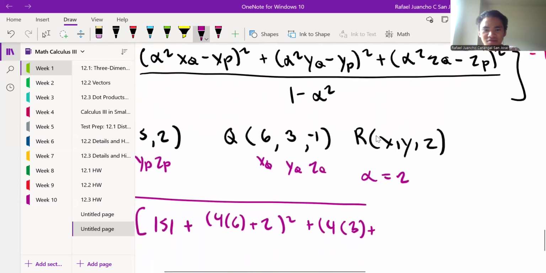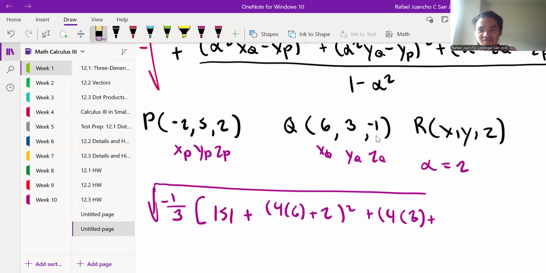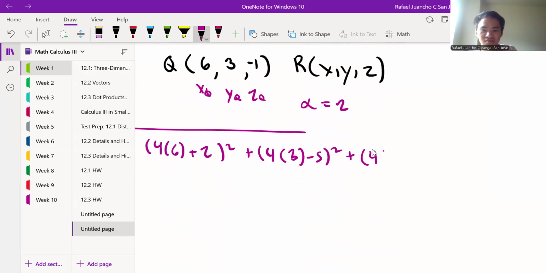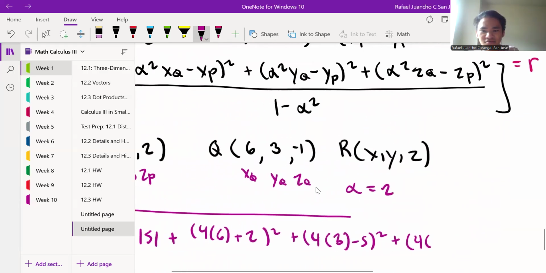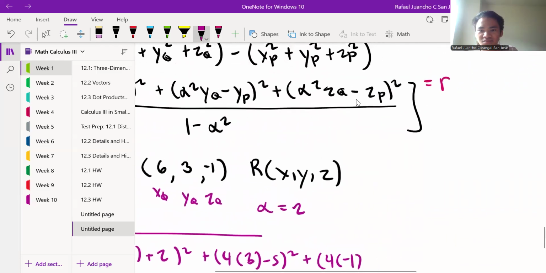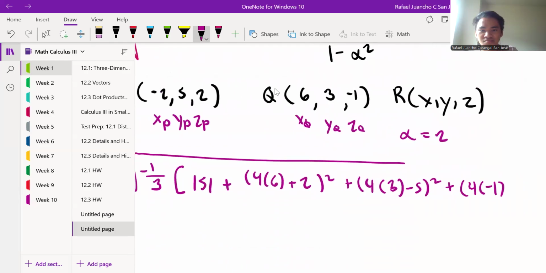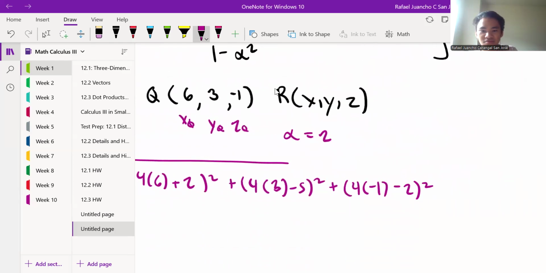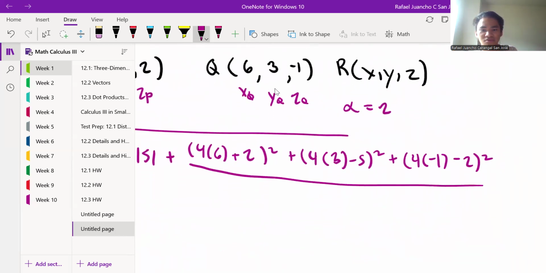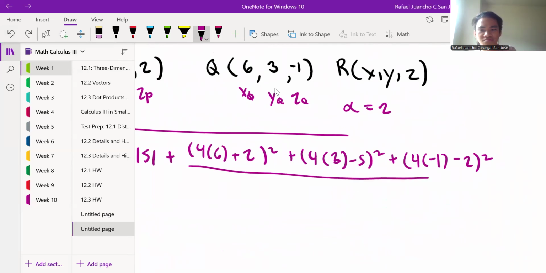Yp is 5, so this is minus 5, and we square that. Then the last one: 4 times zq, negative 1, and then we subtract zp, which is 2, so minus 2. We square that thing, all over 1 minus alpha squared, so all over 1 minus 4.